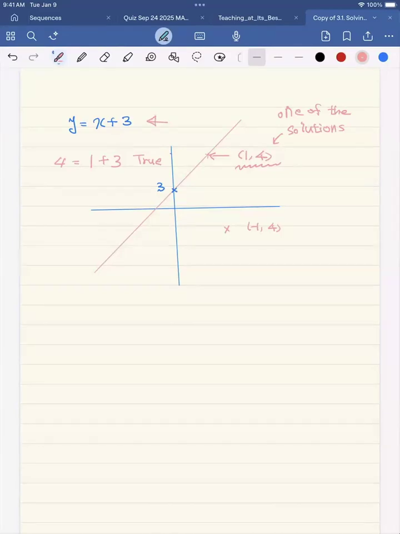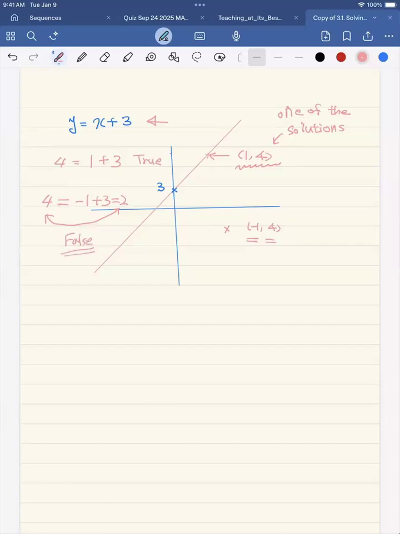However, if we put x equals -1 and y equals 4, then the left side is y equals 4 and the right side is -1 plus 3, which is 2. So those are not equal, so that is false.